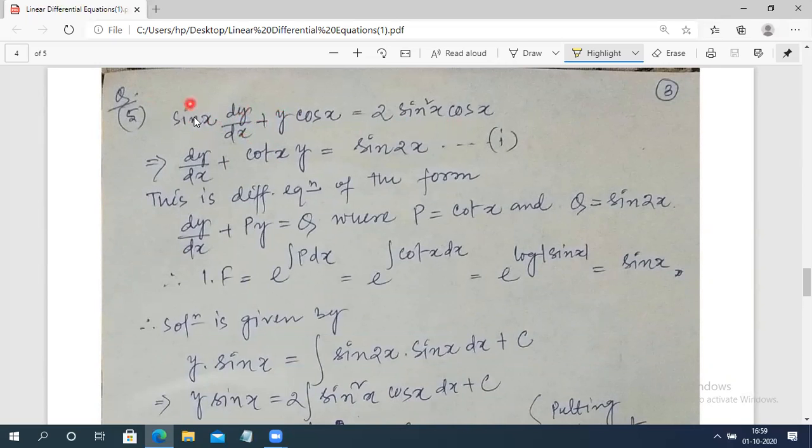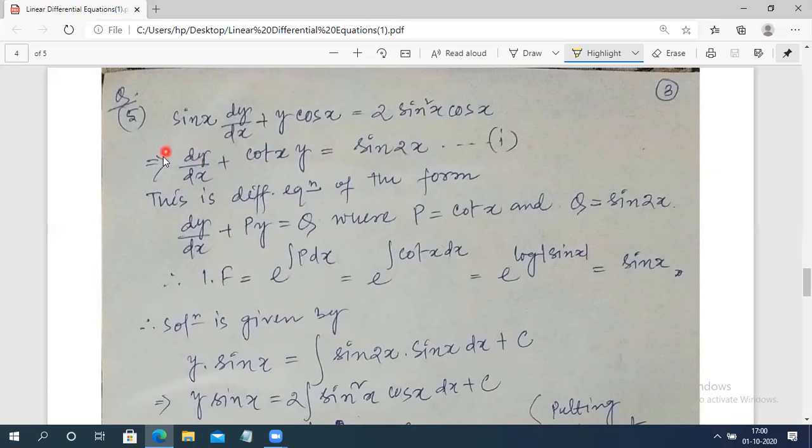First you just write dy/dx with coefficient 1 only. That means you have to divide the whole equation by sin x. So it will be dy/dx plus cot x into y is equal to, sin x will get cancelled out with the numerator sin²x, and it will be of the form 2 sin x cos x only, that is sin 2x only.